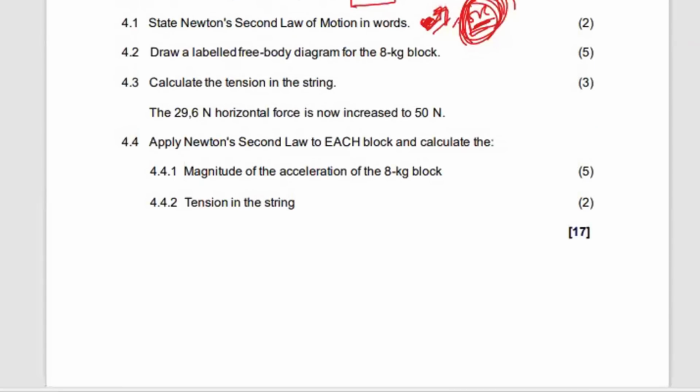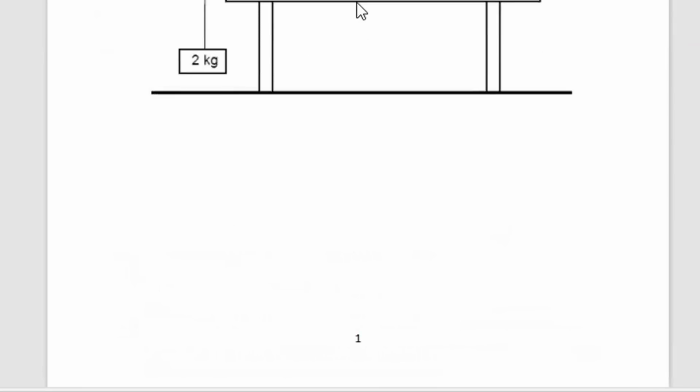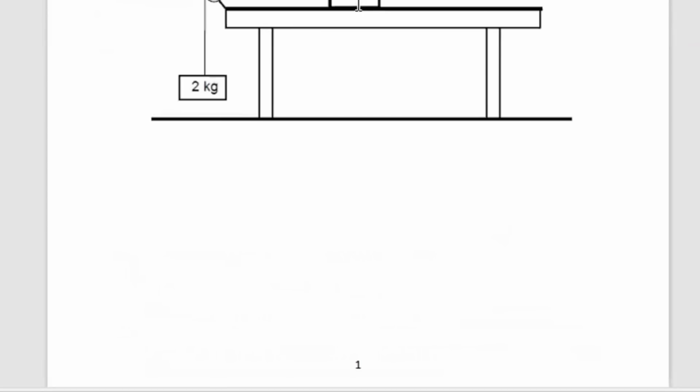It's within your books. 4.2, can we draw a labeled free body diagram of the 8 kg? Looking at the 8 kg, we can see there's this applied force, there's the tension, we're going to have the normal force, the weight, and then the Fk, which is the frictional force.